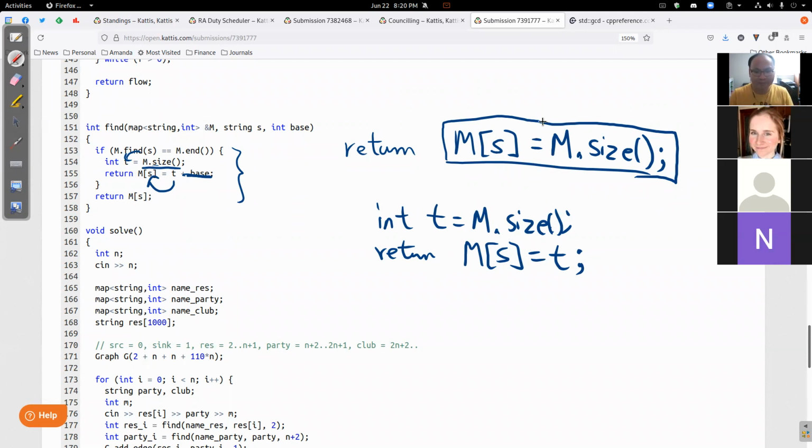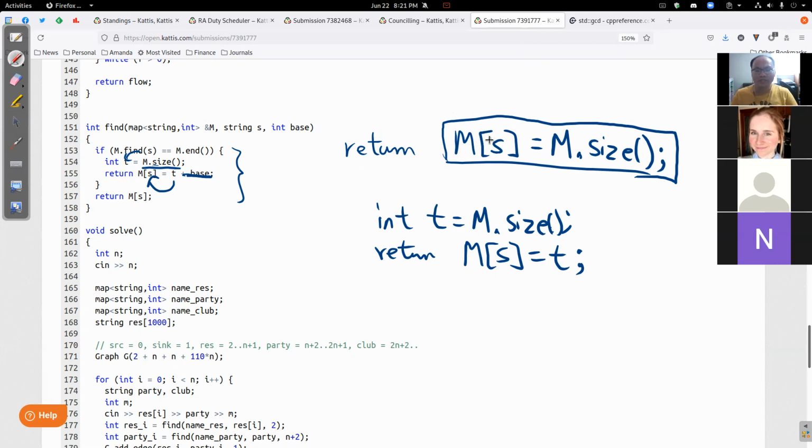Is it because when you add S to the map, that increases the size by 1? Okay, that's a good start. Okay, so if you do M bracket S, you only get to this line if S is not part of the map. So as soon as you write M bracket S, that will create a new entry in the map.